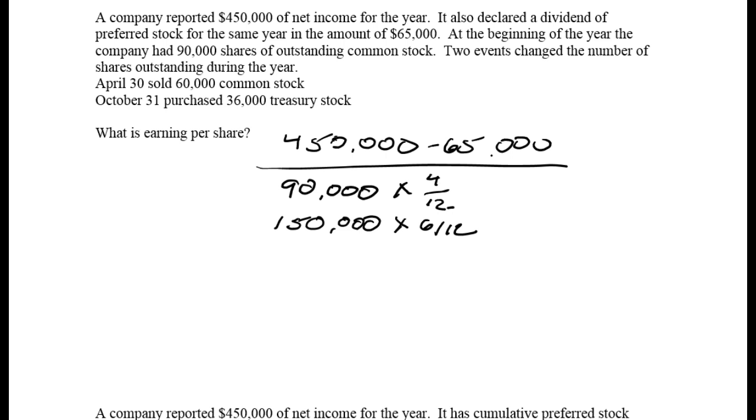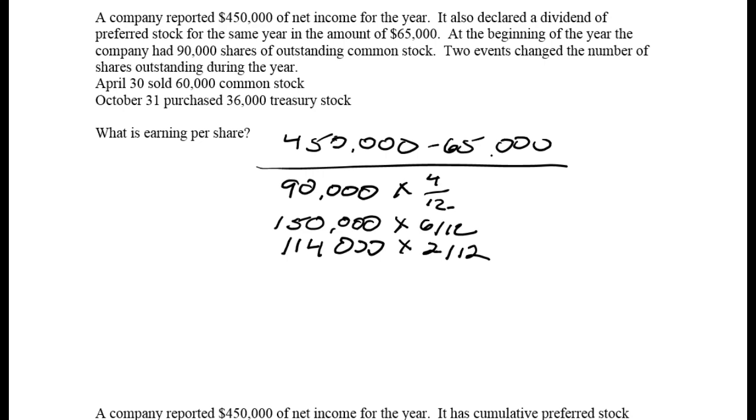Then on October 31st, we purchased some treasury stock in the amount of 36,000. 150,000 minus 36,000 is 114,000. And that would be outstanding for 2 months, October and November.